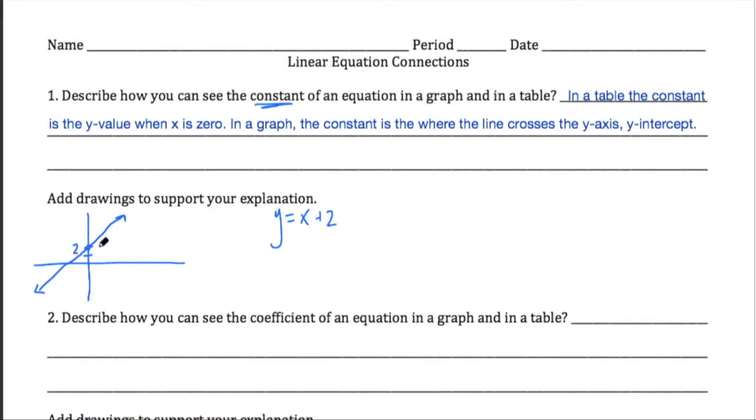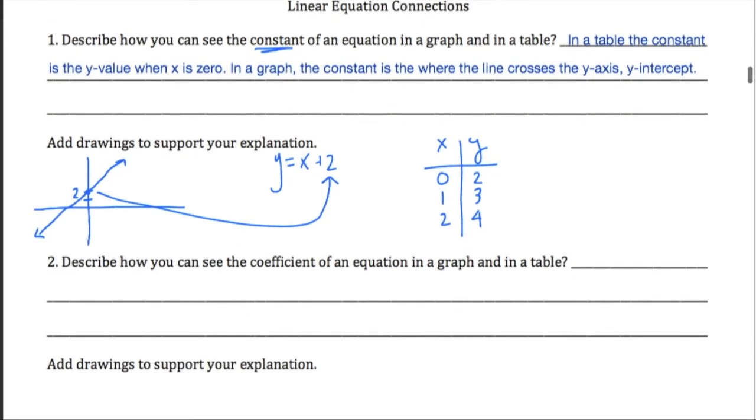We see 2 on the y-axis. That is the same as the 2 that we have added on the constant at the end. In a table, if we have x and y, our table at some point is going to have x 0, y 2. For this equation, we would have also 1, 3, and 2, 4. Great. So that is a constant. That's how it looks in an equation, table, and graph.